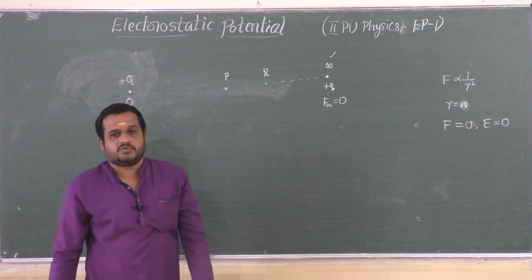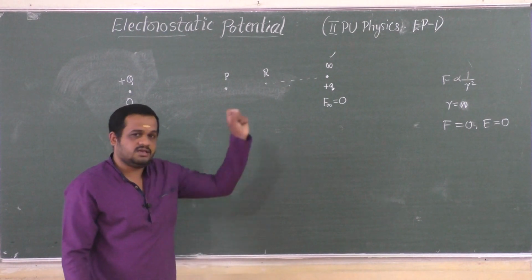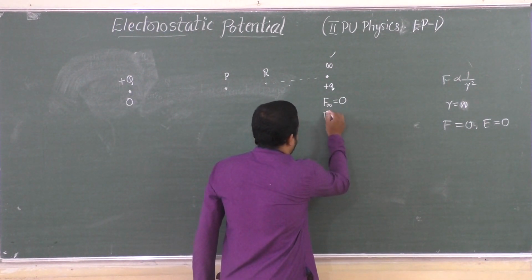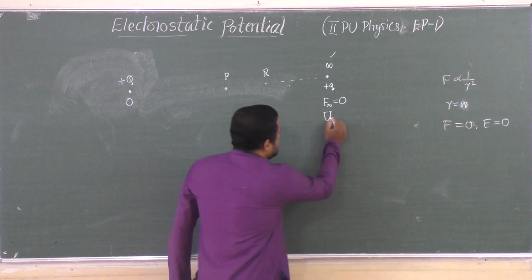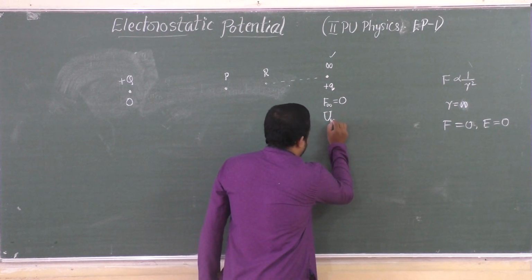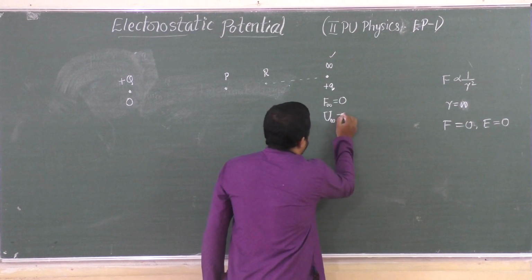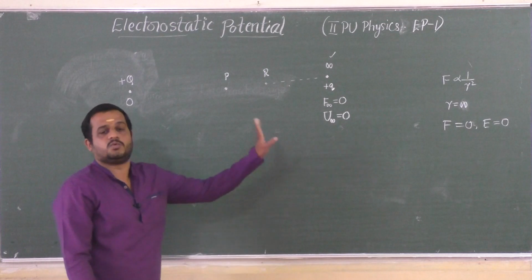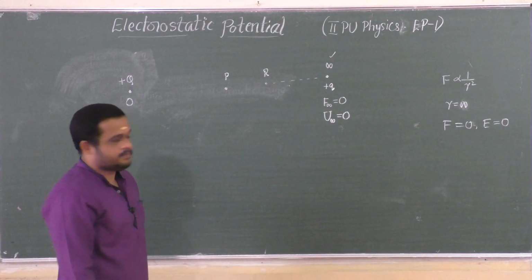Since electrostatic force is equal to 0 at infinity, at this point potential energy, we use the notation U for potential energy, so the potential energy of small q at infinity is equal to 0. Right.